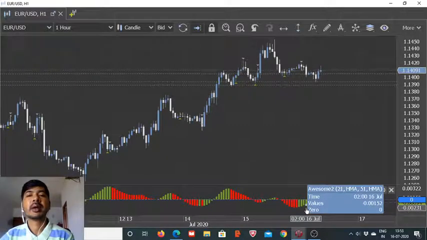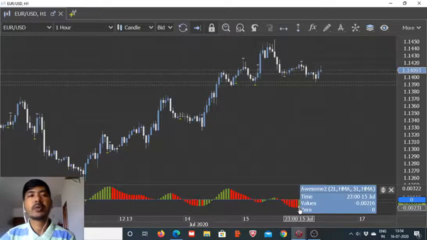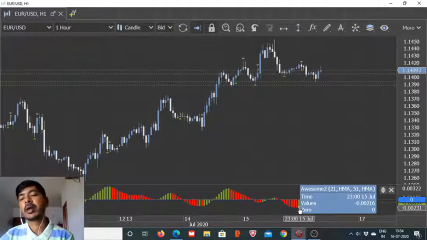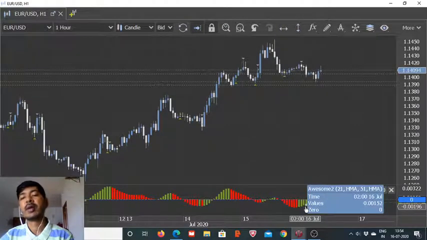You can take one Awesome Oscillator block of shift 1, another of shift 2, and then you can compare the output values. If it is falling, you can put in the command of a sell trade. If the values are rising, you can put in the command of a buy trade.